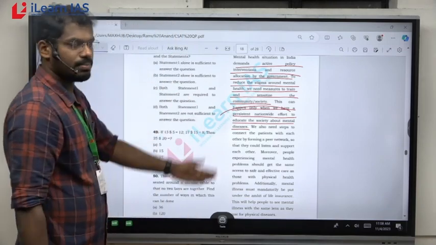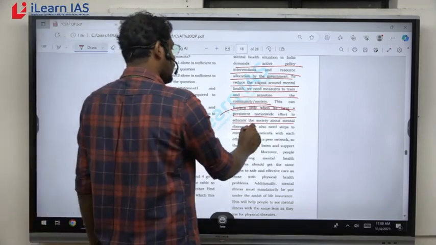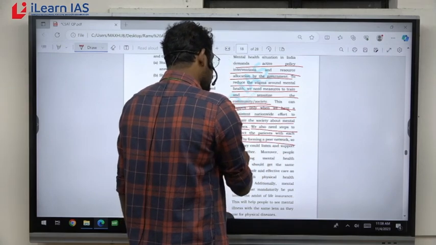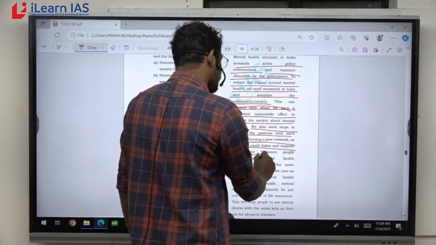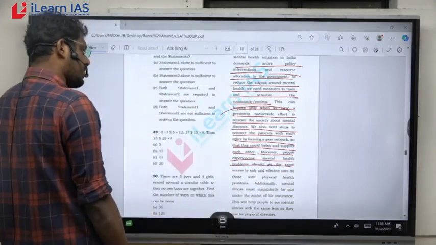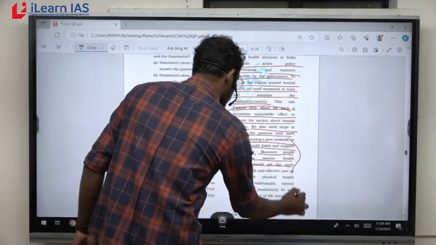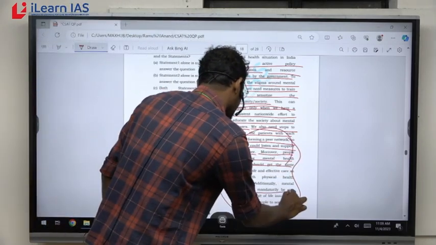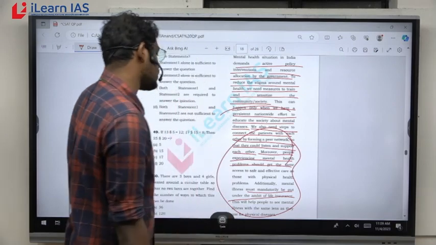So the picture is clear. We also need steps to connect the patients with each other by forming a peer network so that they could listen and support each other. Moreover, people experiencing mental health problems should get the same access to safe and effective care as those with physical health problems. Additionally, mental illness must mandatorily be put under the ambit of life insurance. This will help.